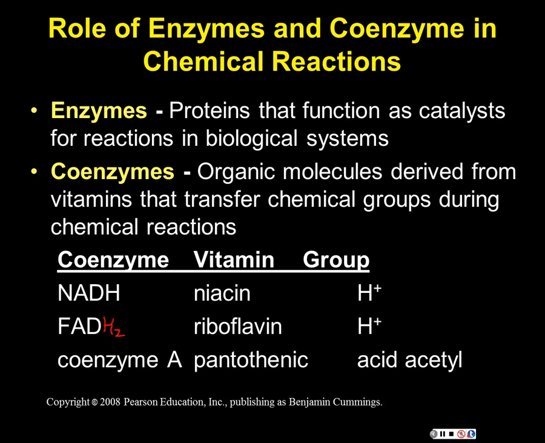How they're going to help these chemical reactions is they're going to carry hydrogen ions, basically. Hydrogen ions can carry what? What are hydrogen ions? What can they accept and donate really easily?